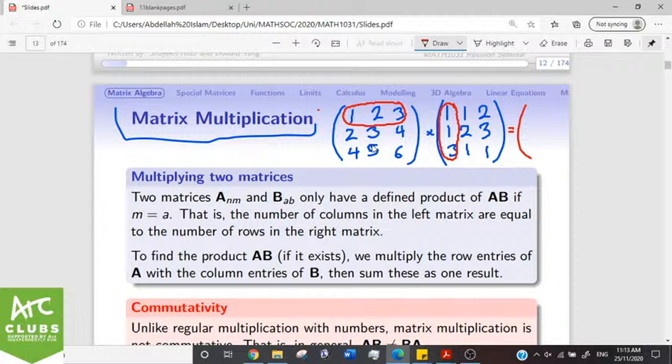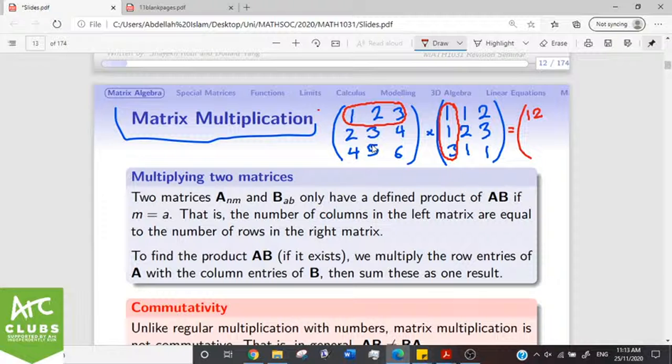So the first entry in our matrix would be row 1 times column 1. So it'll be 1 times 1 plus 2 times 1 plus 3 times 3. So that should be 12, correct me if I'm wrong. And so the first entry in the 1/1 position is 12.